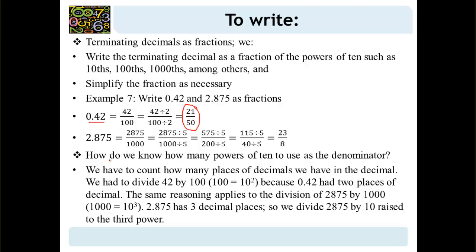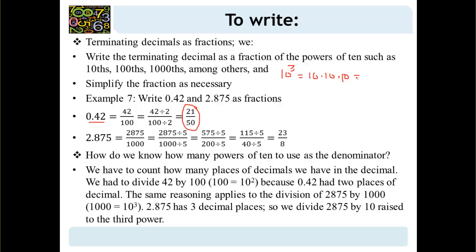It gives us 1,000 because it is 10 times 10 times 10. 10 to the third power means 10 times 10 times 10. It is not 10 times 3.